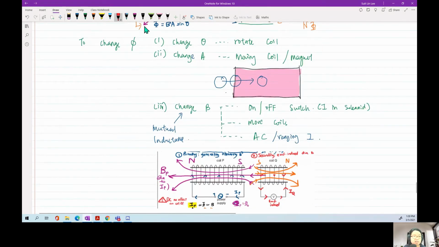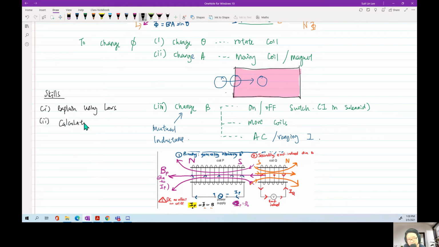So the skills that we are looking for, in any combination: number one, explain using the laws, Lenz and Faraday. Number two, calculate, and this calculate can be using EMF equals dΦ/dt, or calculate based on a given graph.